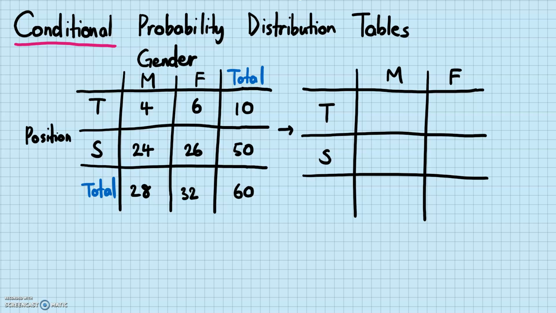So we will get 0.07 over here, 0.1 over here, 0.4 over here, and 0.43 over here. So this tells us the percentage of, for example, male teachers in relation to the whole population of the school.